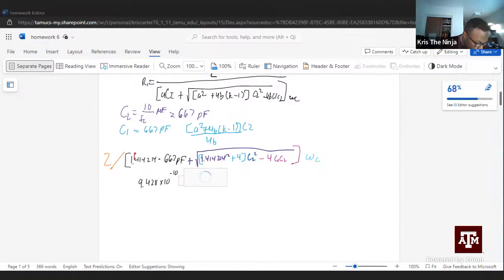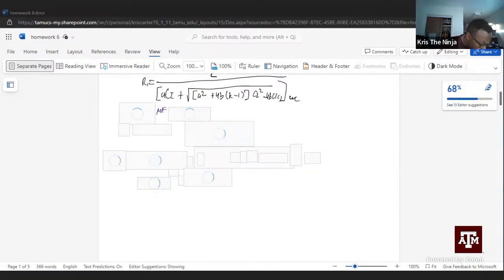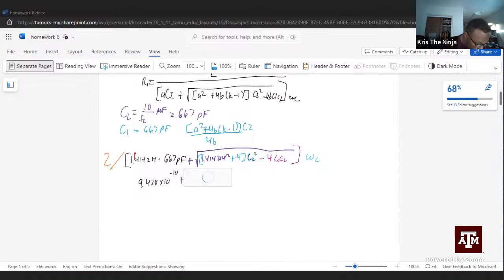So C2 squared, so alpha C squared, that was in a dark blue, gives us 2.67. But that's 4.44 times 10 to the minus 19th minus 4 times alpha C times alpha C.